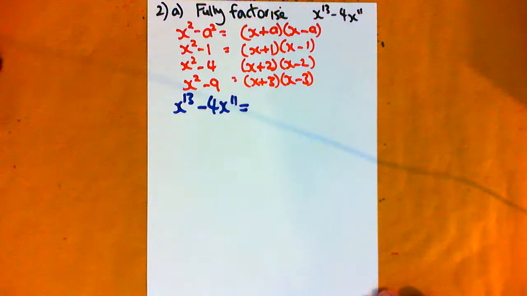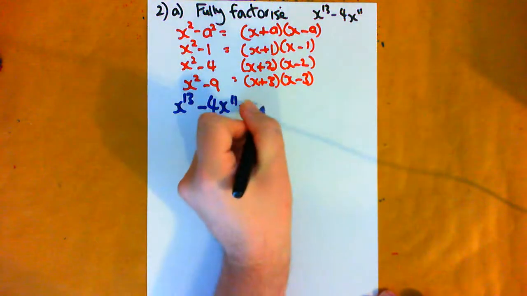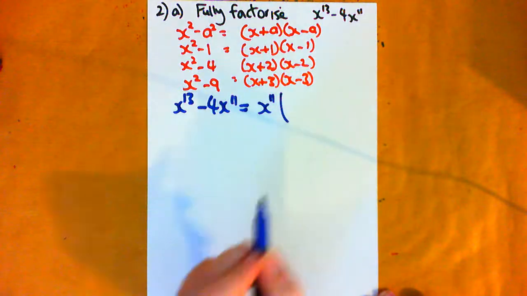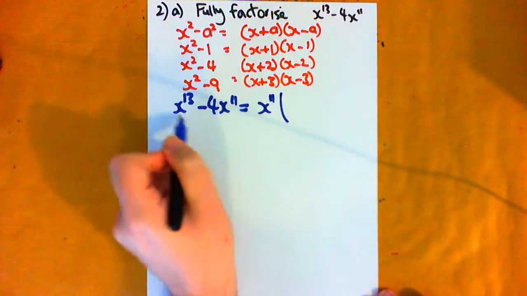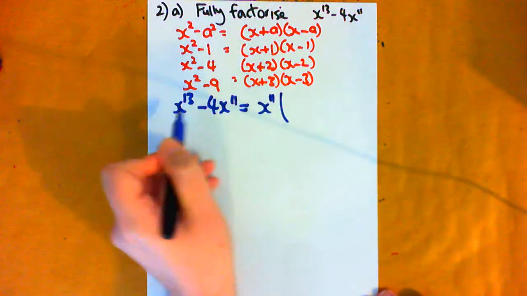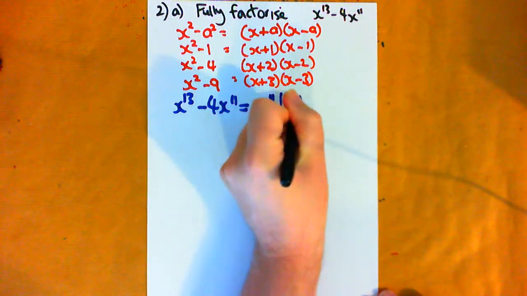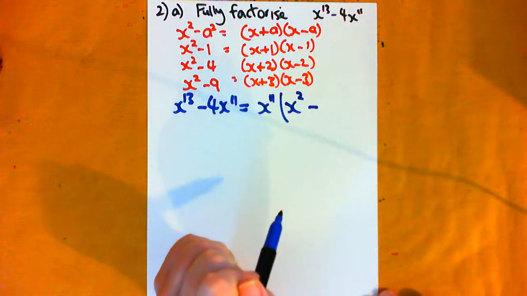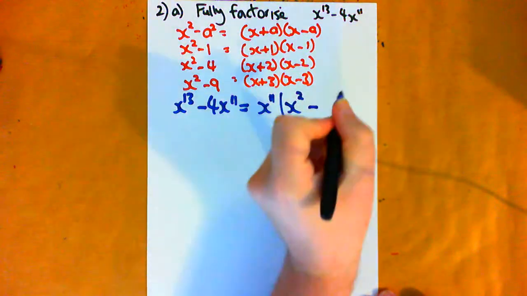So what's the biggest power of x that's a common factor of everything there? We've got x to the power of 11, the lowest power. So what goes inside the bracket? We've got x to the 13 here, we've taken out x to the 11, we need 2 more, so x squared. Minus x to the 11 times what gives you 4x to the 11?